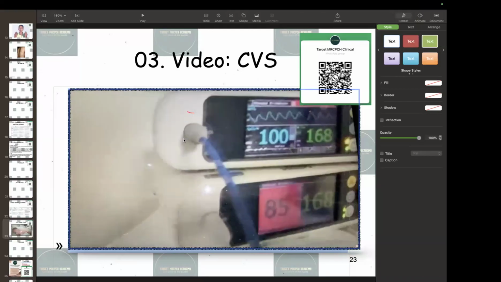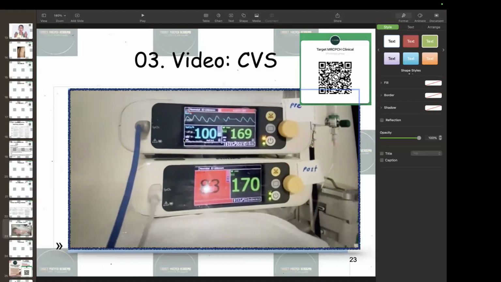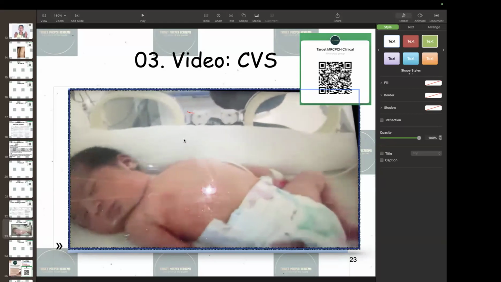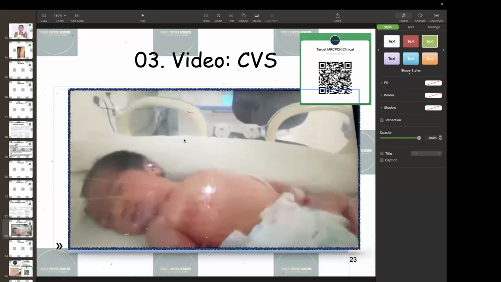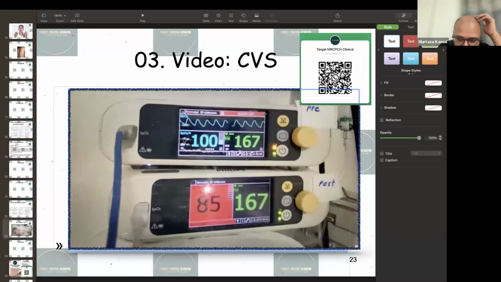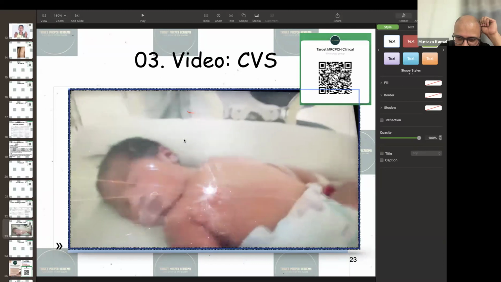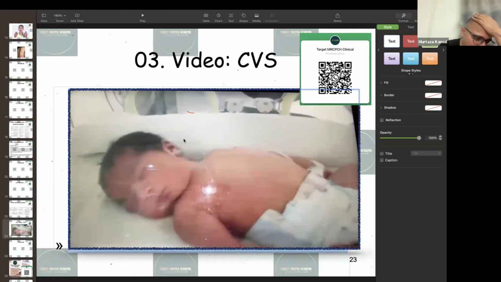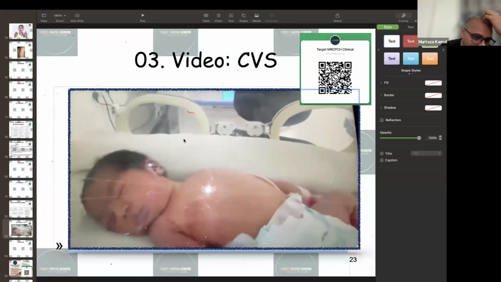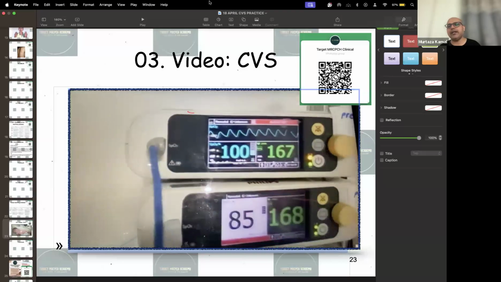Whenever there are two saturation monitors, doesn't it mean that one is of the upper limb and the other of the lower limb? Normally it means so, but if it is not marked, we cannot be very sure. Normally they will mark it. If it is not marked, we can say it seems to be one in the upper limb and one in the lower limb, but I am not sure because it is not marked. You cannot take things as implied.